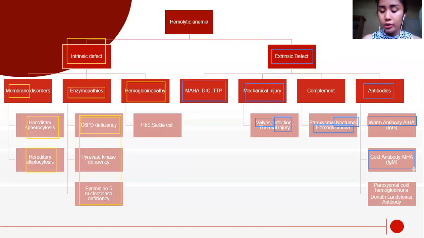Yan, cold antibody autoimmune hemolytic anemia. And class, this one, paroxysmal cold hemoglobinuria. Yan, cold siya, so therefore, it's IgM. So the IgM is the Donath-Landsteiner antibody. So this promotes the lysis of your red blood cells.